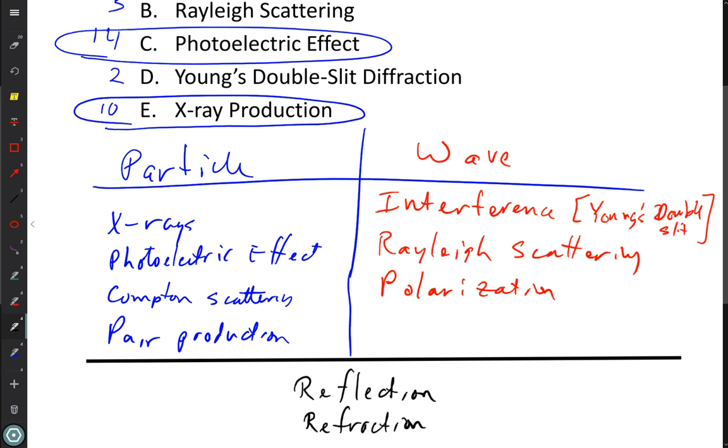These can be explained by either a wave nature or a particle nature. Newton's explanation for refraction was incorrect. He said that things went faster when they go into glass as compared to in vacuum, but those are things that could go with either one.